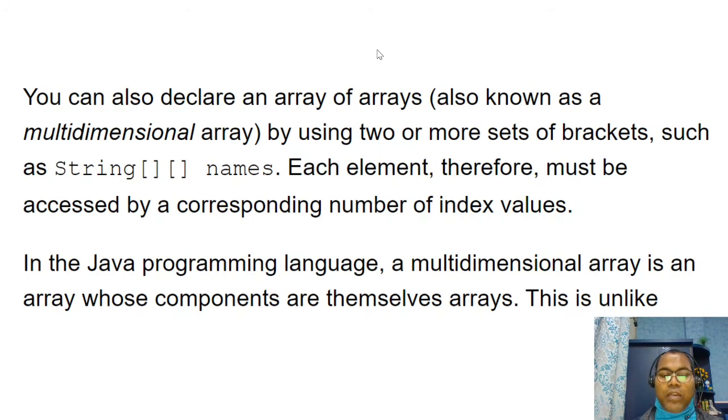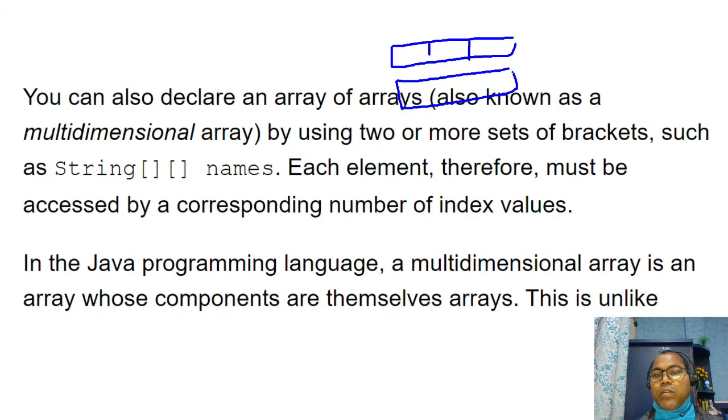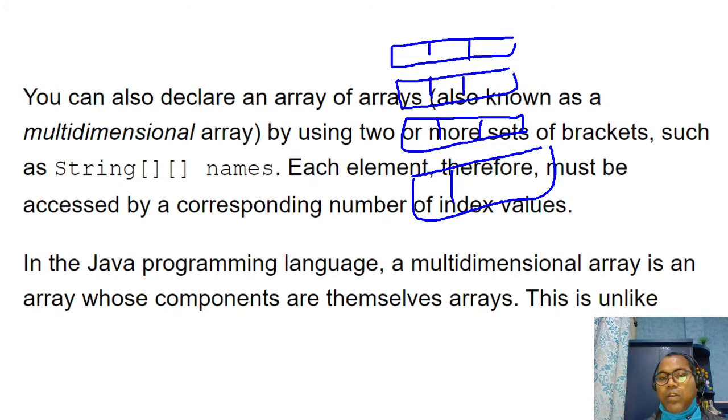Sometimes you say let's say we have one array of length 3, and we have another array of length 3. Instead of creating separate variables, let's say you have another array of 3 elements, and another array of 3 elements.